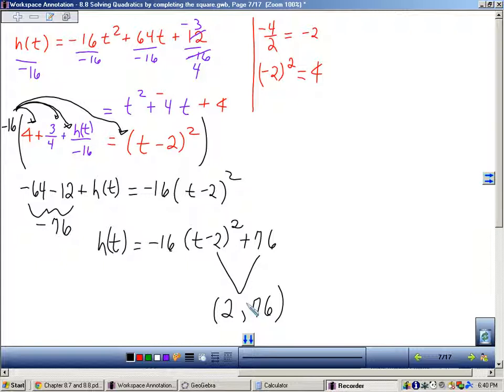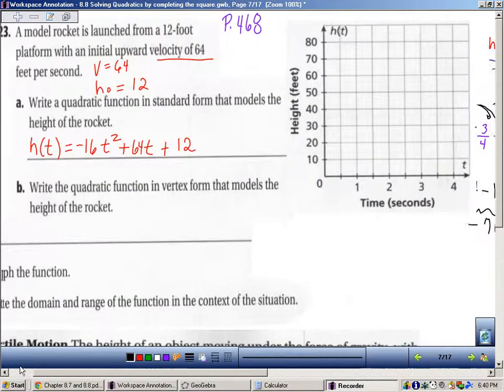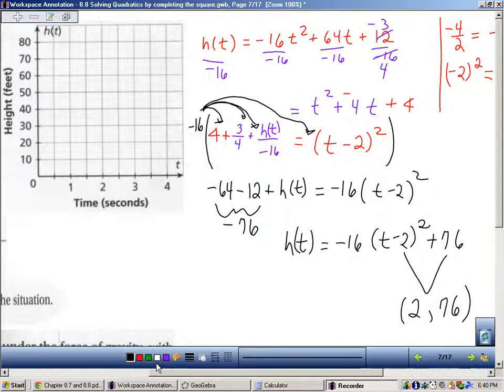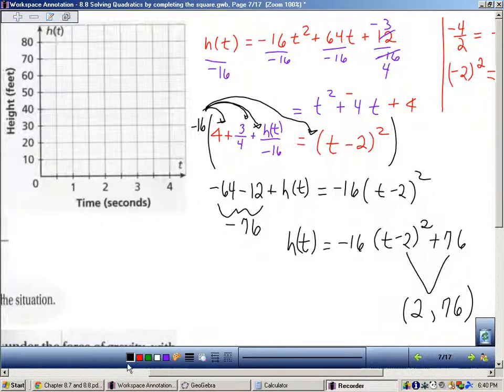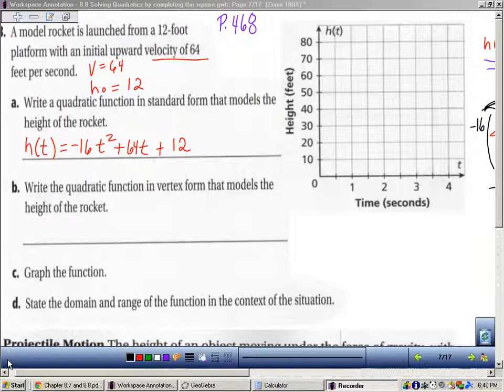Okay, so that would be the vertex. So slide all the way over. And we're going to write that. So negative 16, negative 2, and 76.